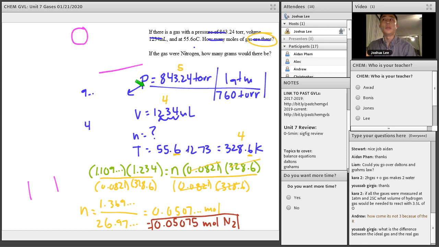It's not 3 because of the R, because since R is a constant, we don't care about those sig figs. So anytime you're using a constant where it's given to you or it's a known value or it's on the periodic table, we don't take into consideration those sig figs.